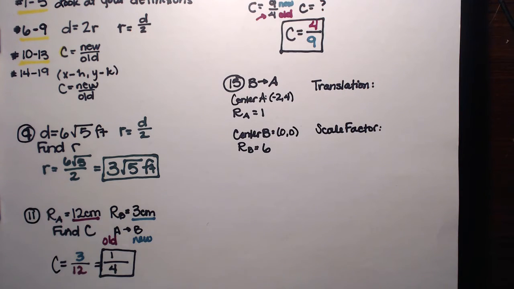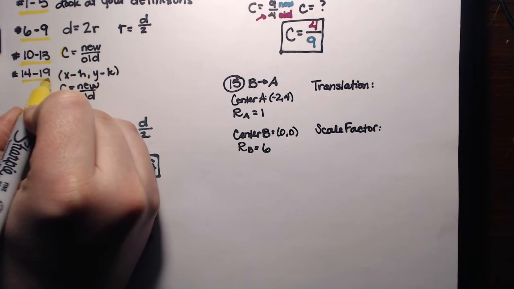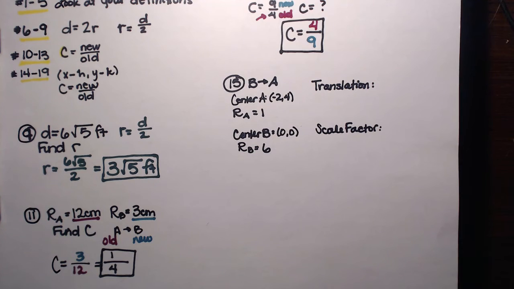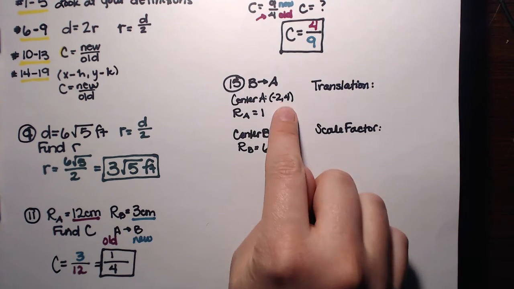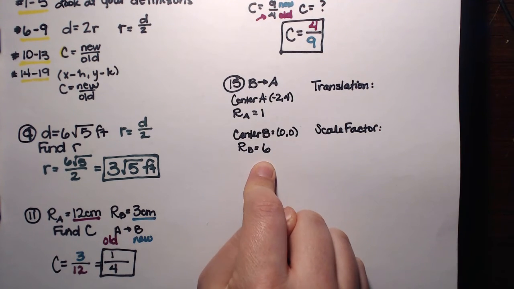So for 14 through 19, 14 and 15 don't give you pictures, they just give you information, and then 16 through 19, they give you pictures. You have to identify the information. So what's happening is we have the center of these circles and the radius of the circles.